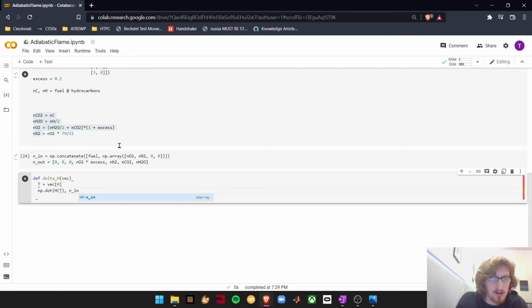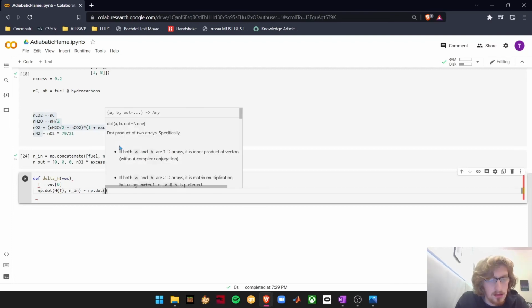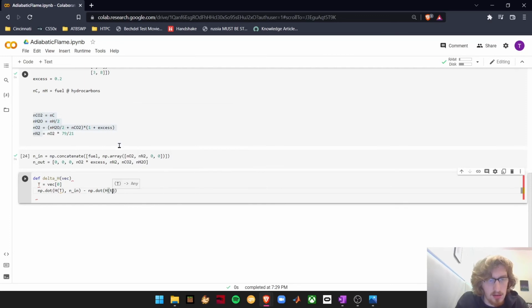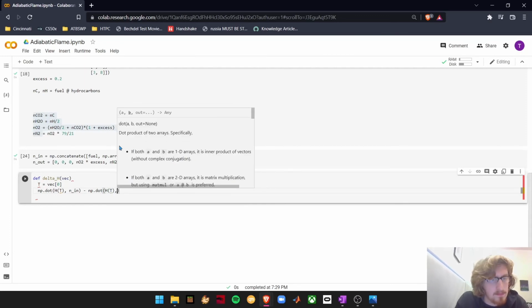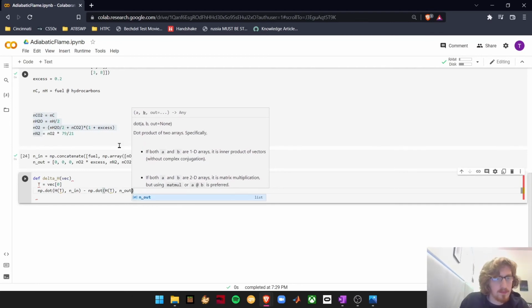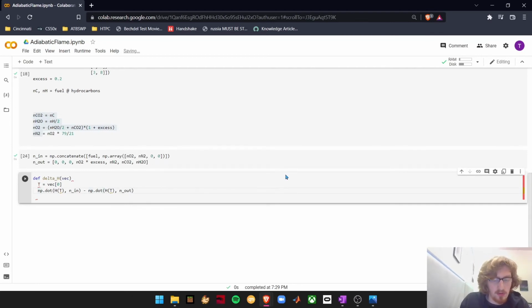And the dot product is just multiplying each element of the array by ht. So from here, we want to do the same thing with the output stream. And we have the same thing, our enthalpy formula and our number of moles out. And that is what we want to return.